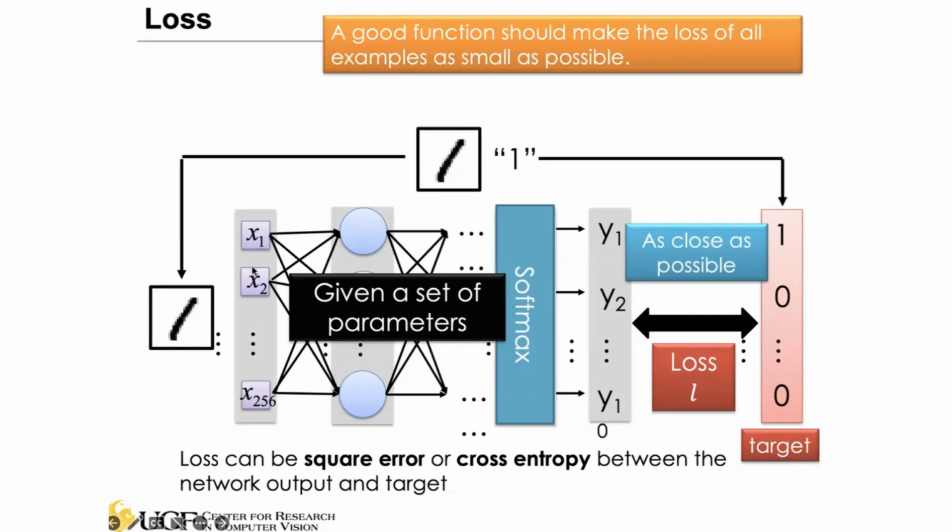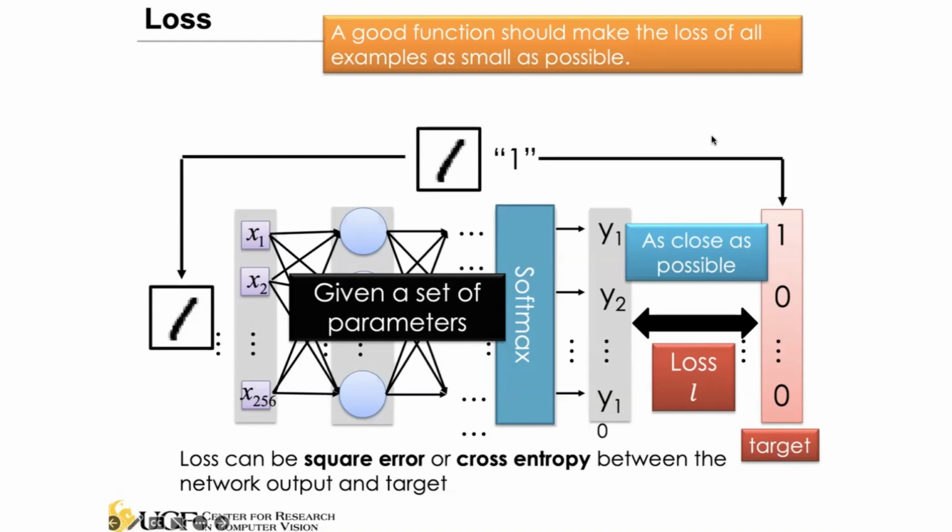So this is just one example. Remember, for our training data, we have a training set with multiple training images. This is for one particular image, digit 1. Maybe we have other images corresponding to other digits. So we'll do this for all the training data. We have another input, do this prediction, and compare with the target or ground truth. We compute the difference or the loss, and we can accumulate the loss for all the examples in the training set.